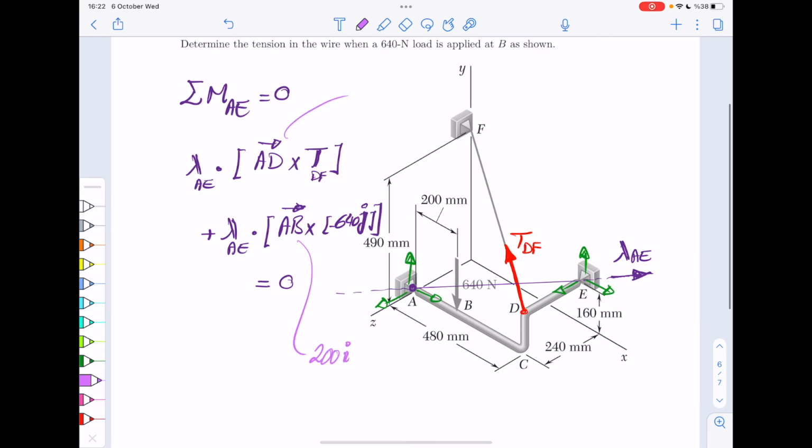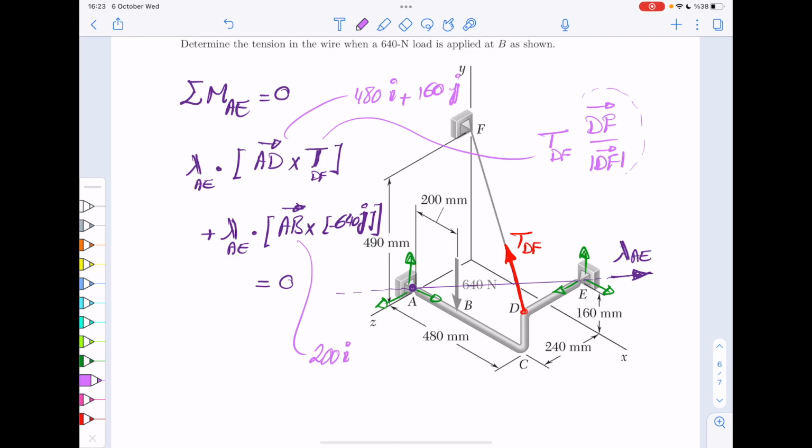Then you have AD. AD is this one, so you go 480 in x direction and then 160 upwards. So that would be 480 in I plus 160 in J. Now, for TDF, again, you don't know the magnitude of it, but you know its direction, which you can calculate like this.